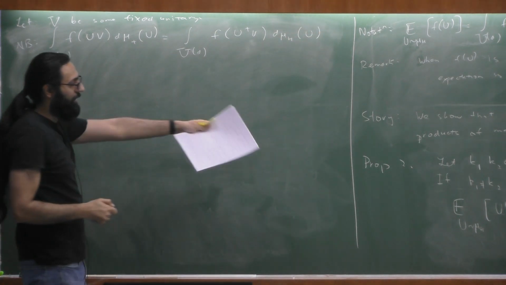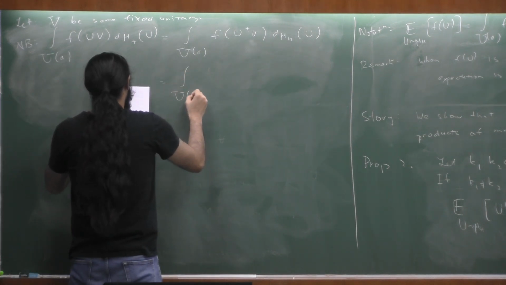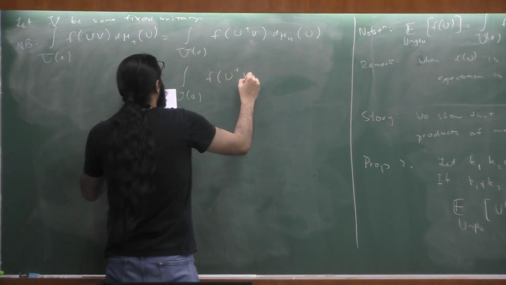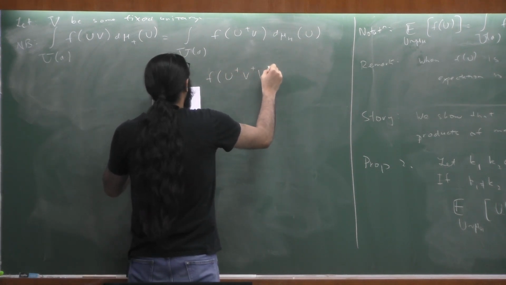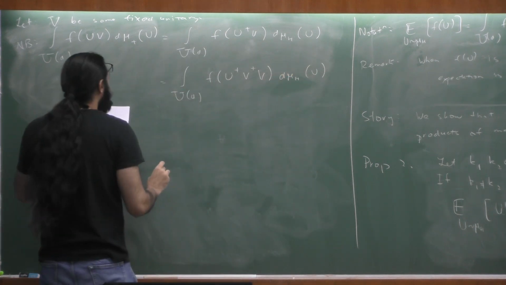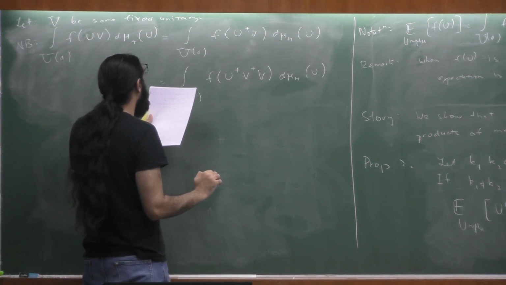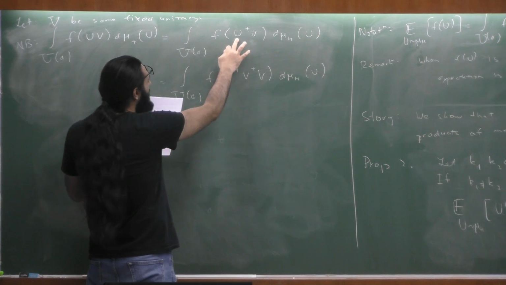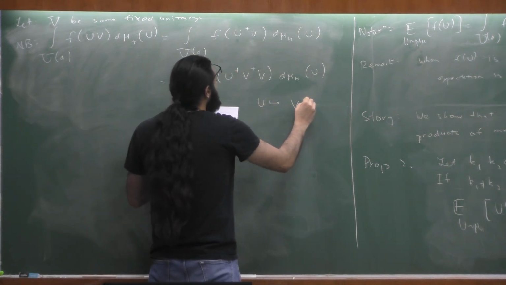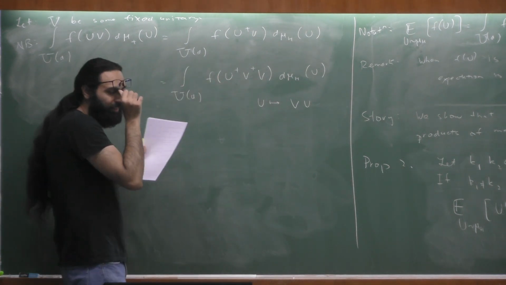Okay, so this is just by definition. I plugged in the definition, so I've not done anything very deep here. Now the integral of f u dagger v dagger v d mu h u. So this holds because I can right multiply u. Actually I left multiplied, so what I'm doing is I'm sending u to vu in the function. So when you apply the dagger it will get flipped, you'll get this.